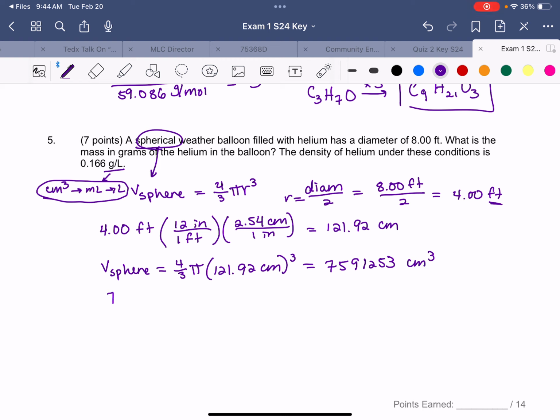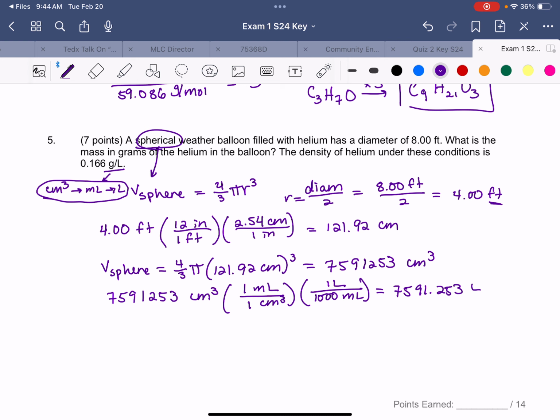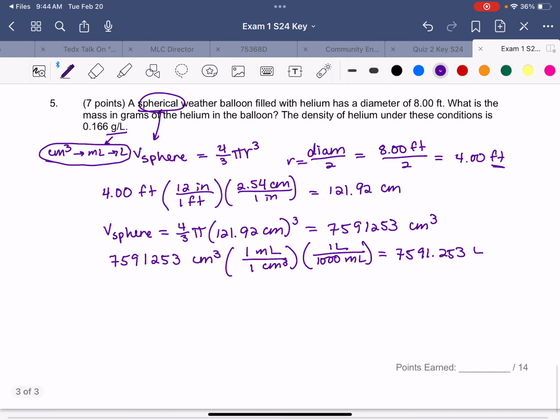So I'm going to convert that to liters because I know that 1 mil is equal to 1 centimeter cubed, and I know that there's 1,000 milliliters in a liter. So that gave me 7591.253 liters. And notice I'm not really paying attention to sig figs until I'm all the way done with the problem.